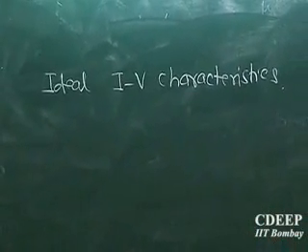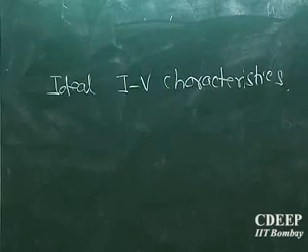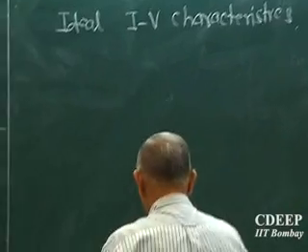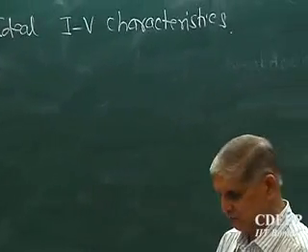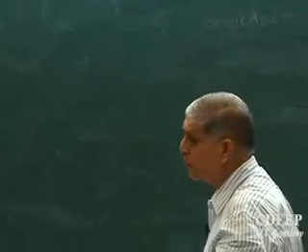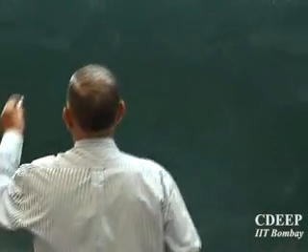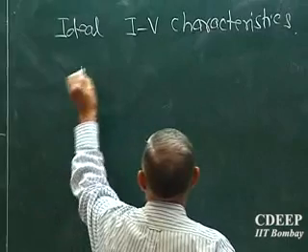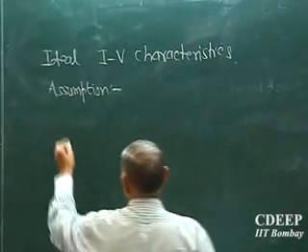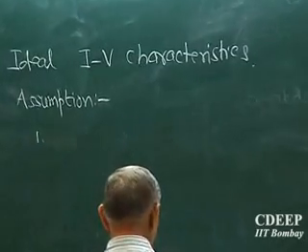So let's start with ideal IV characteristics. I noted down some points from the other book, Niemann's book, so I just wrote them down. The first thing they say: assumptions. This is taken from Niemann, so you can note it down.